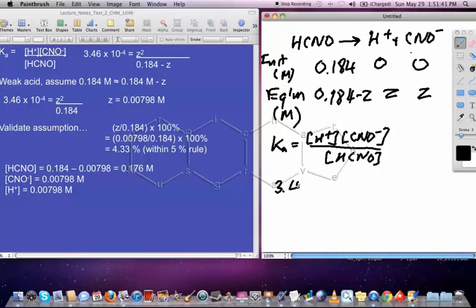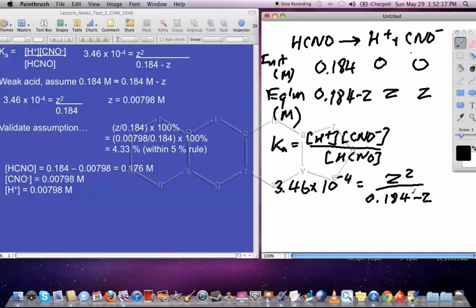I was given the Ka. And we've got z squared on top. That's z times z. And down here we'll have 0.184 minus z.